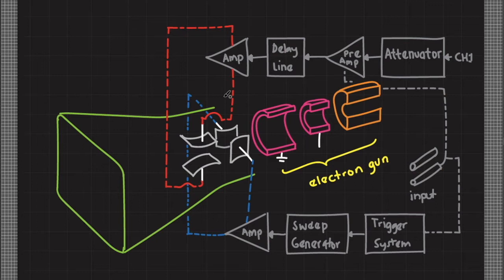I'm not going to discuss the circuitry of a basic oscilloscope because it's beyond the scope of our discussion. My goal here is to provide you the basic mechanism of how an oscilloscope displays the input signal on the screen. Of course, digital oscilloscopes have an analog to digital converter circuit that allows them to reprint the waveform with the use of a liquid crystal display or LCD instead of a cathode ray.